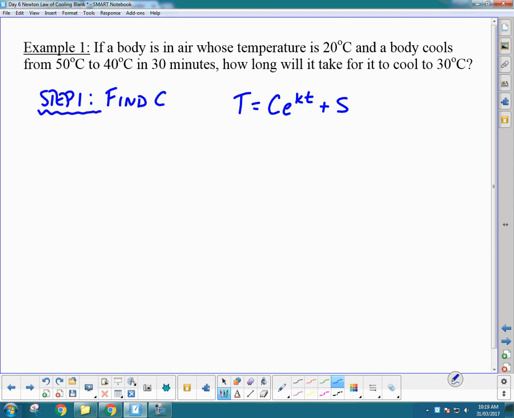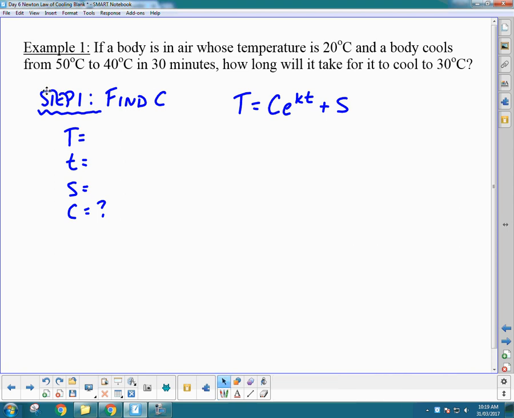Let's look at our variables. Capital T is temperature, little t is time, and we have capital S, and we have to figure out what C is. Those are all of our variables. K we're going to find out in a moment.